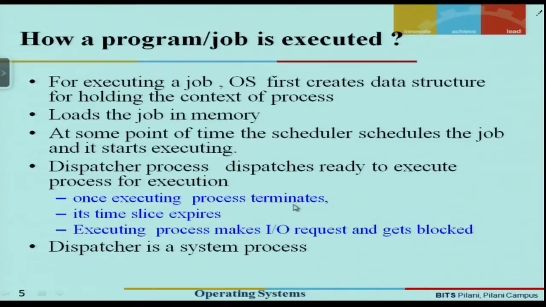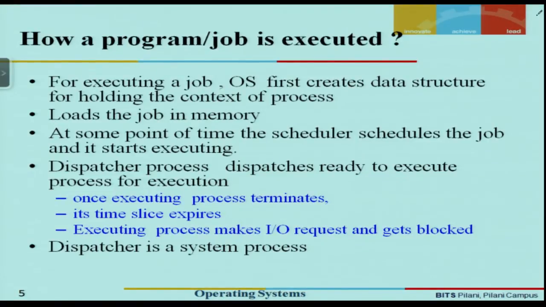So for maximum utilization of the CPU, as soon as the currently executing process terminates, the OS would try to schedule another process. So the dispatcher process would dispatch another process. This is the first case.